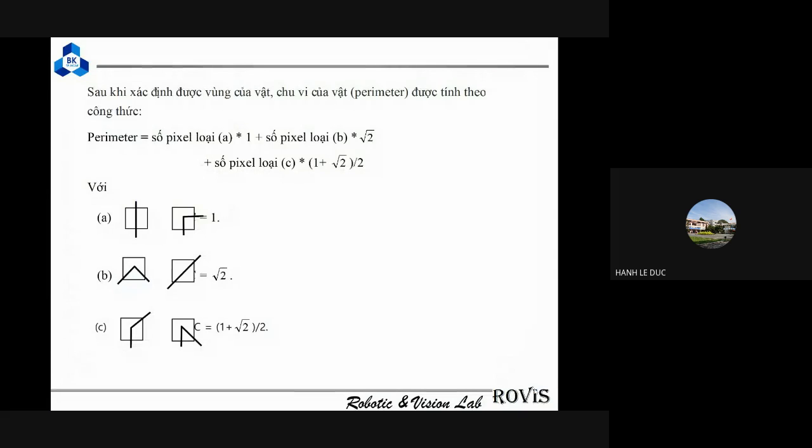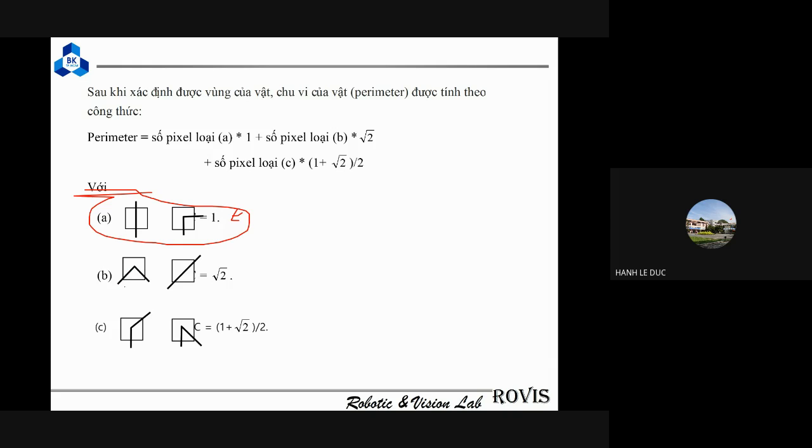Okay, and the next one is to calculate the length or the perimeter of an object. So we will follow the rules here. If the line goes along 1 pixel, we will calculate it as 1.